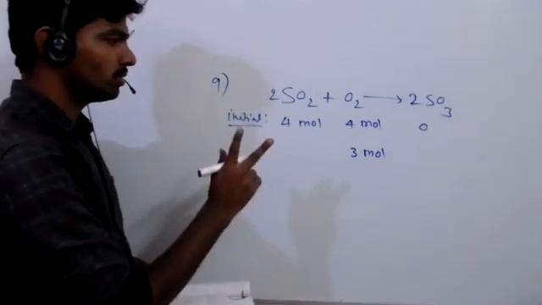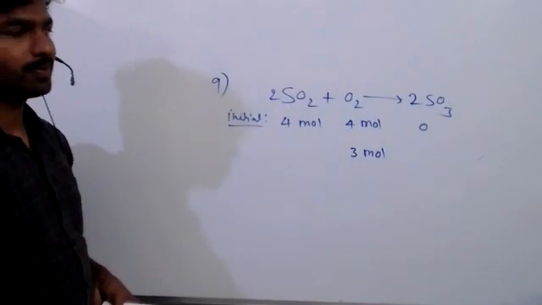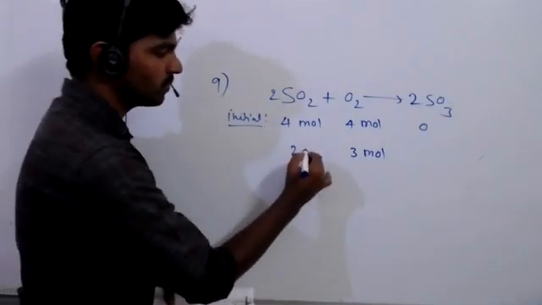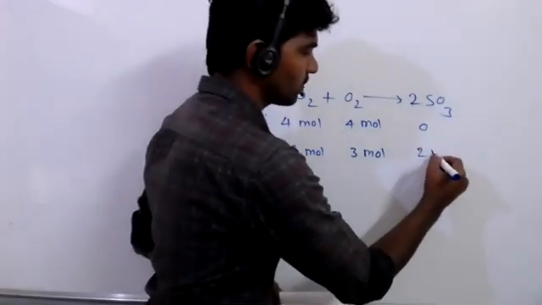If 1 mole of O2 reacts, then 2 moles of SO2 react. So 2 moles of SO2 are left, and again 2 moles of product is formed.